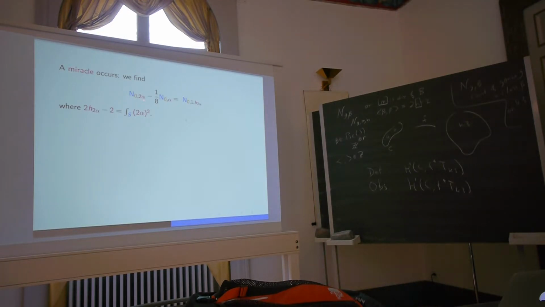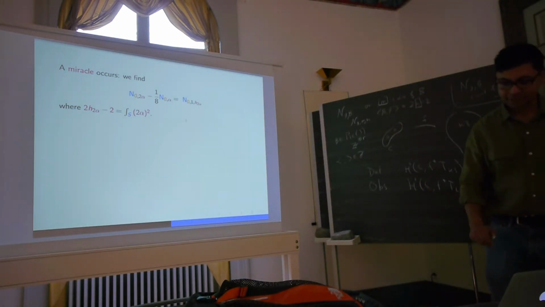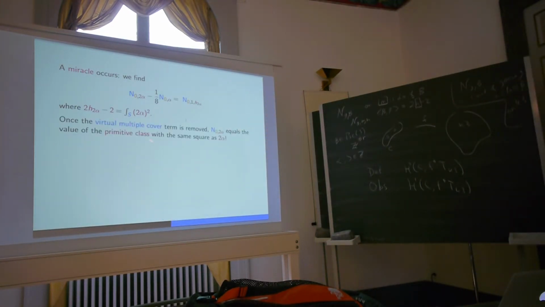This equation says that if you want to know what this number is, you subtract out the dishonest ones, and the answer is what it would have been if that class had the same self-intersection but was primitive. So in some sense this says that properly understood, this count n should not depend on whether it's primitive or not. From the point of view of curve counting, this is really a miracle. In words: once this multiple cover term is removed, this number equals the value of the primitive class with the same square.